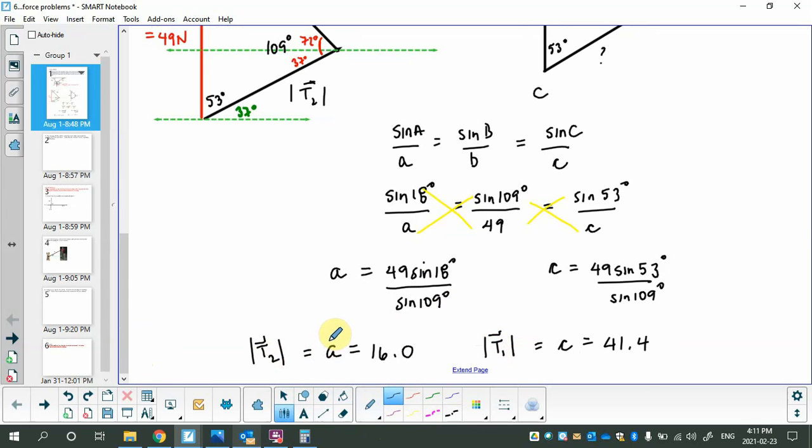All right, so now I can do a little therefore statement for this. So you have to be specific. You can't actually talk about T1 and T2 because what if you had them reversed from me?